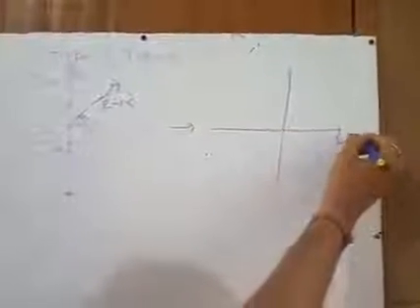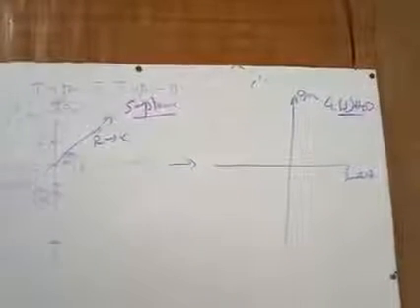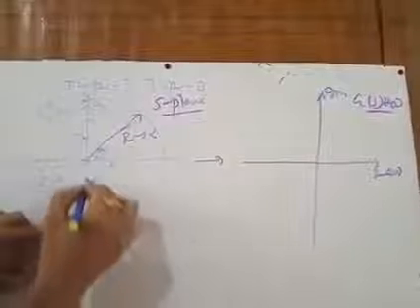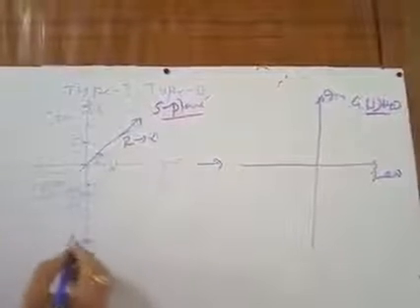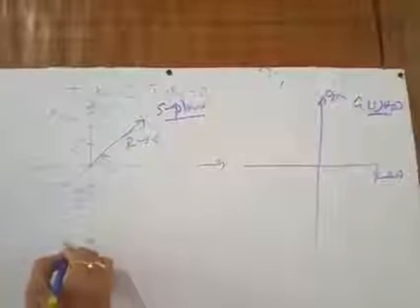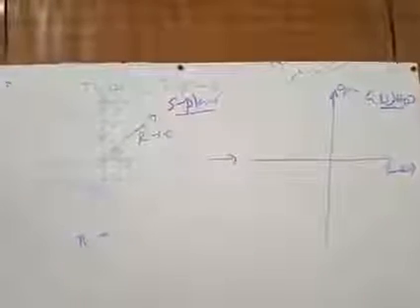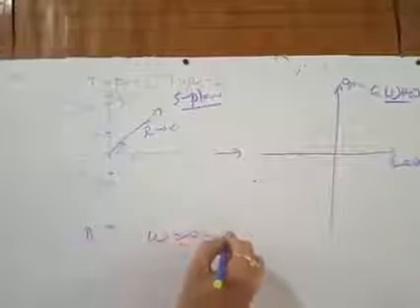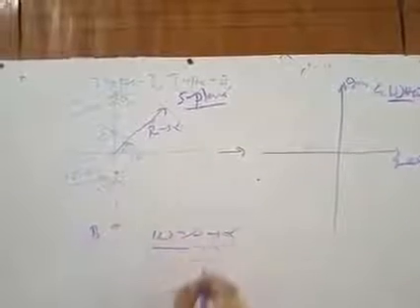This is your real axis, this is the imaginary axis. Now this is the S plane contour, so we are going to have the GS HS plane contour. So from minus infinity to 0, that means B to D. First of all, for 0 to infinity, omega is equal to 0 to infinity, so we have the polar plot.